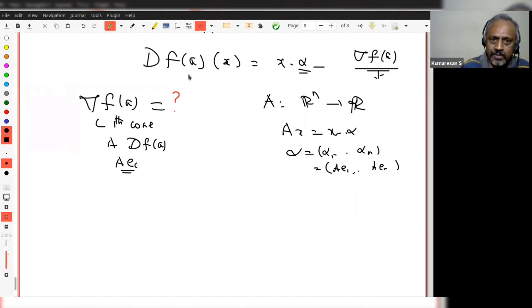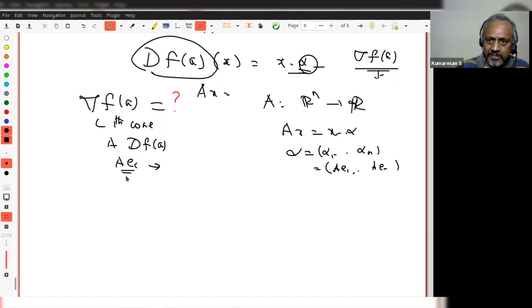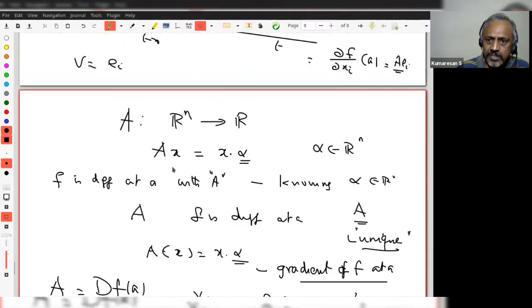Go slow. Do not let this notation bother you. Your derivative A is acting on x, x dot alpha. Now do I know alpha? Yes. I have to look at its ith coordinate. The ith coordinate is A acting on ei. But A acting on ei, that is the derivative, the linear map A acting on ei, just now we saw what it is.